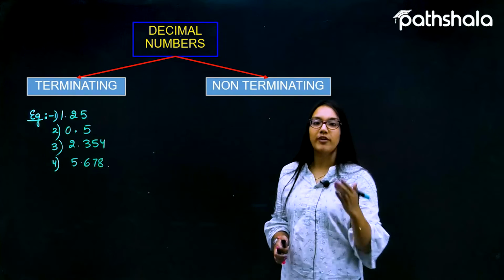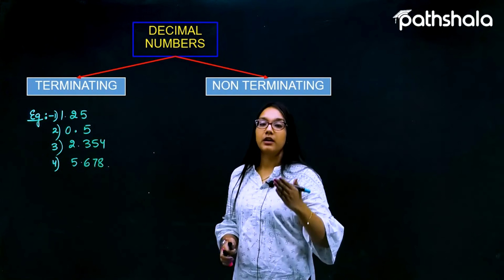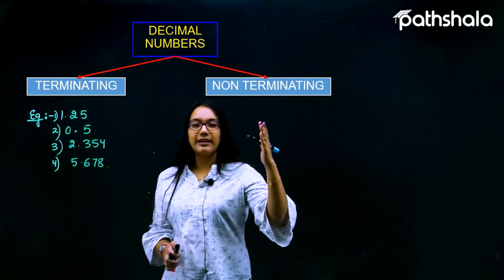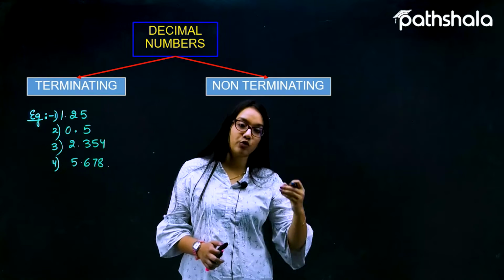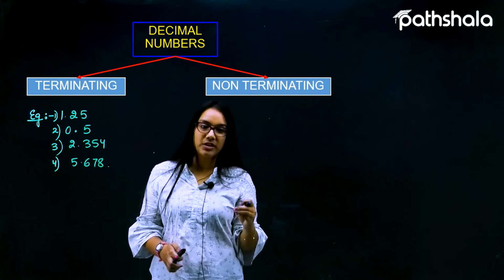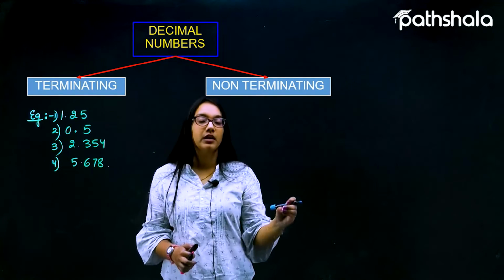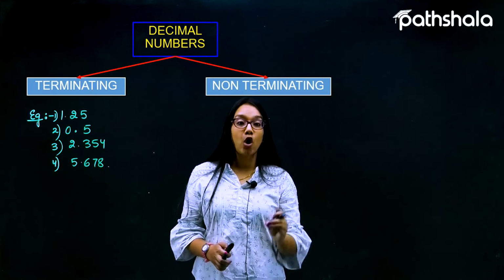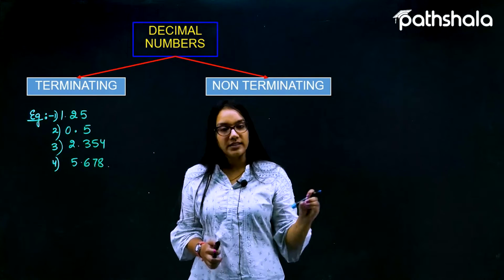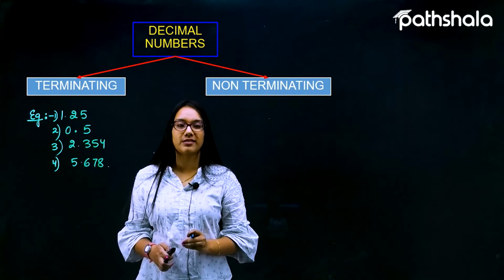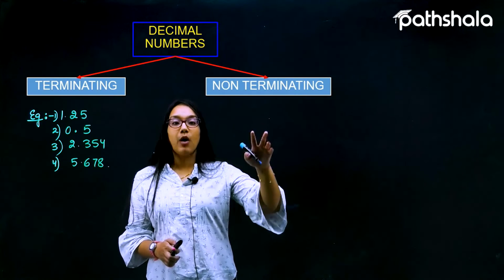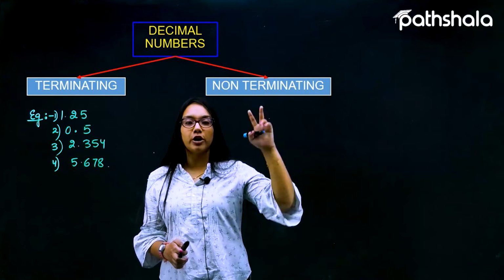What is the meaning of a non-terminating one? Non-terminating means that whenever we divide two numbers in a fraction and the remainder is a non-zero digit, such fractions or decimal numbers are called non-terminating. But non-terminating decimals have two further types.